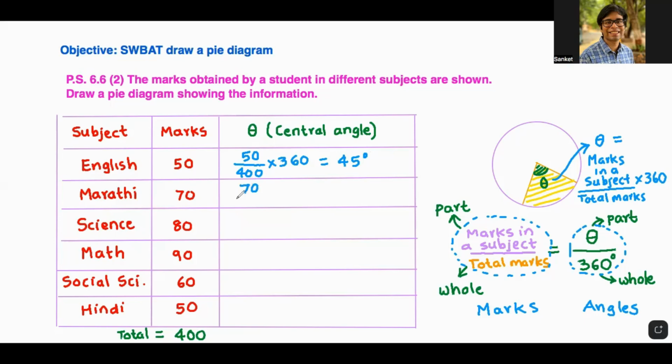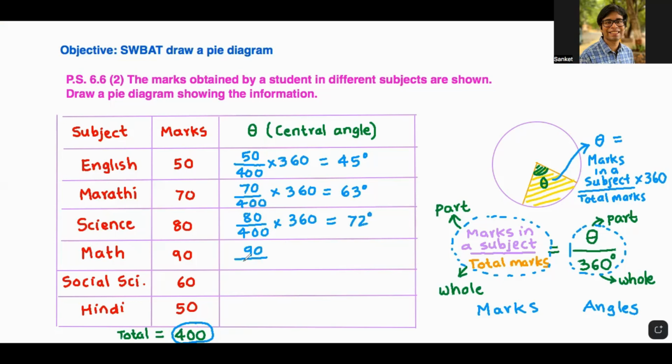This is marks in Marathi upon total marks multiplied by 360, which will be 63 degrees. Then I have marks in science upon total marks. So I'm always referring to these total marks over here and multiplied by 360 every time. This is 72 degrees.